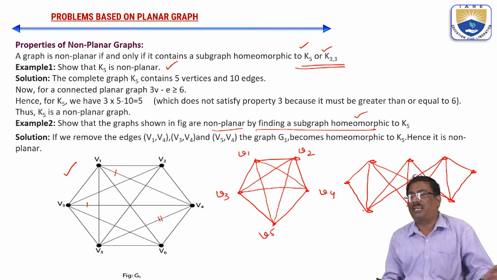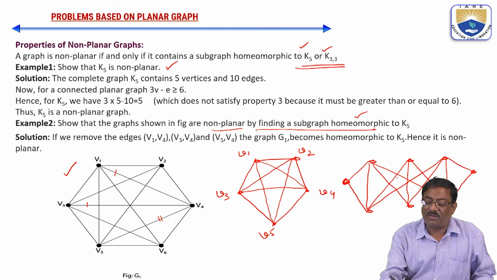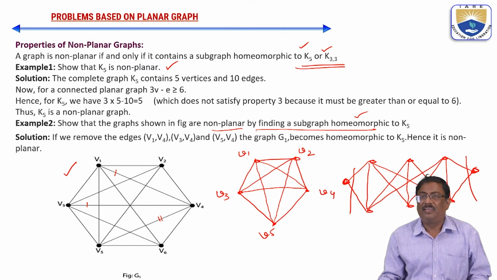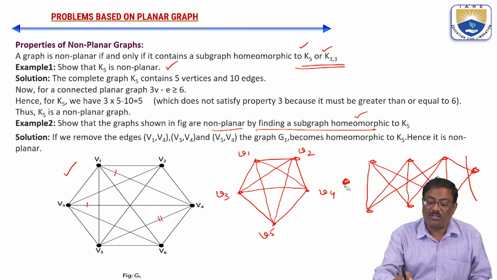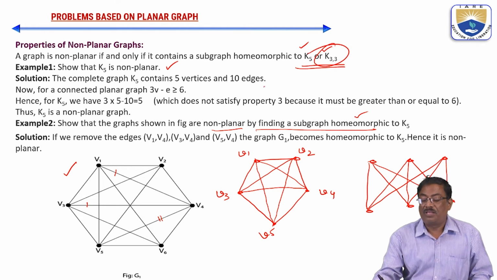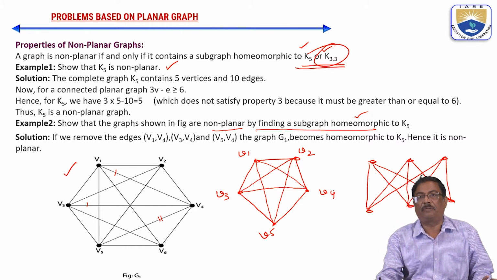Here it is not a complete bipartite graph, so I remove this vertex and this vertex and their adjacent edges. Then the reduced graph is a subgraph, and I get a complete bipartite graph. A complete bipartite graph is non-planar, so we can say that the given graph is also non-planar.